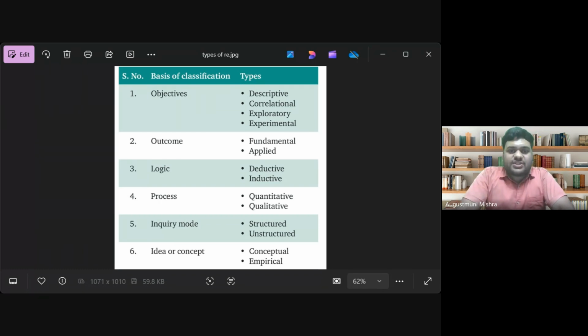You can change the slide, or just first slide it. Ma'am, I will change the slide because I'm still talking about the descriptive research. When I'm going to share about another research, I will change the slide.